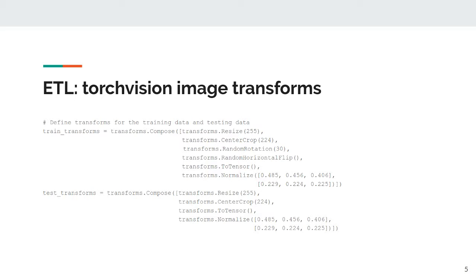After that, there is a little bit of data augmentation in the next two transforms. So training data is going to be rotated randomly up to 30 degrees, and it will also be randomly applied a horizontal flip, or essentially looking at the image in the mirror.